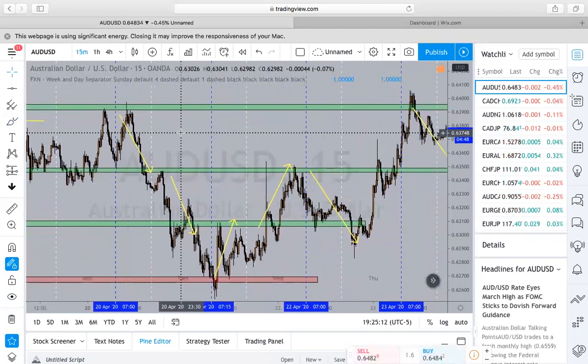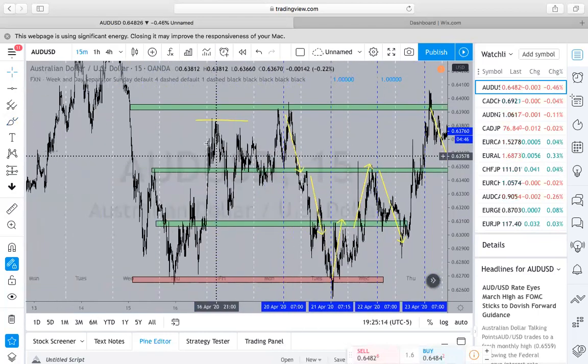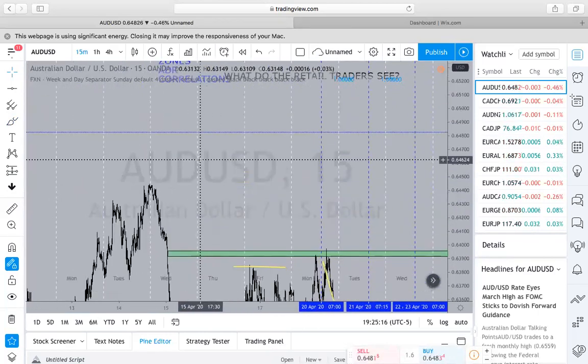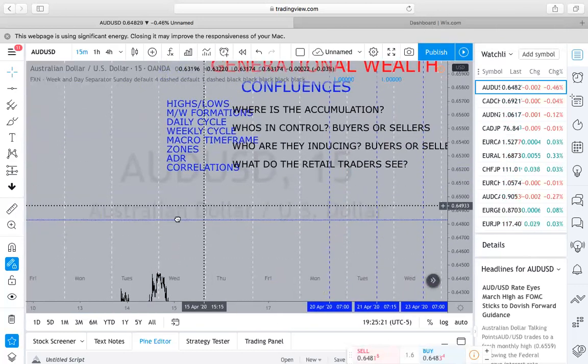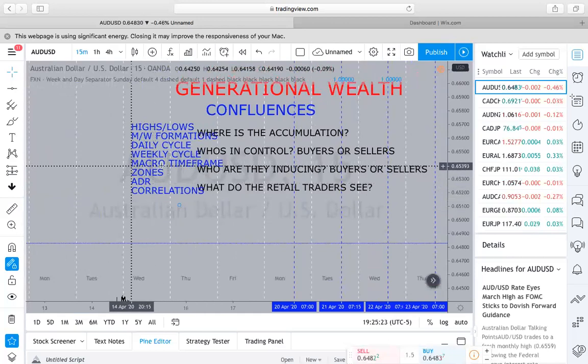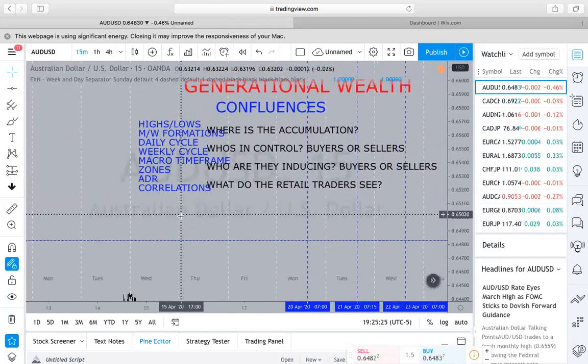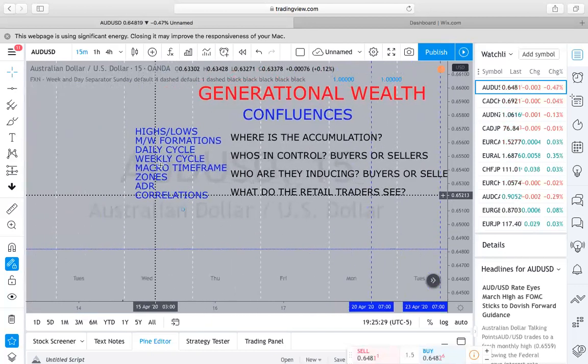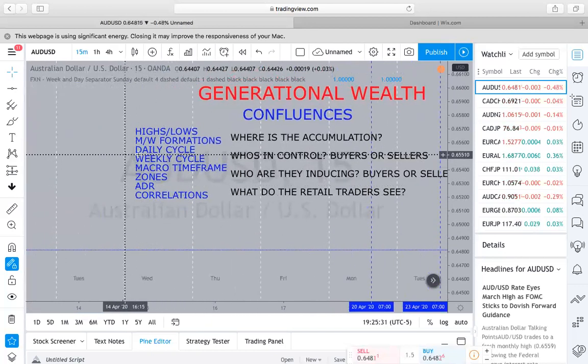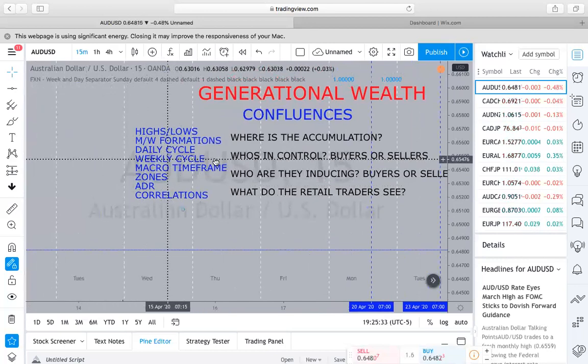So that is another thing we have to keep in mind, as well as the macro time frame, because the macro time frame is also what's going to determine our weekly cycle structure.